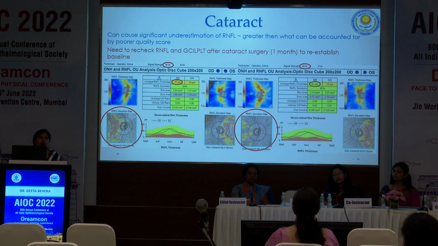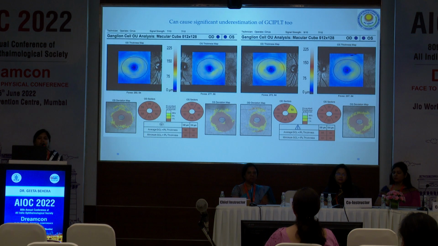Again, if a glaucoma patient develops cataract, this may be misinterpreted as progression, and only after the surgery is done, the baseline has to be reestablished. Cataract actually affects the GCIPLT far more than the circumpapillary RNFL.